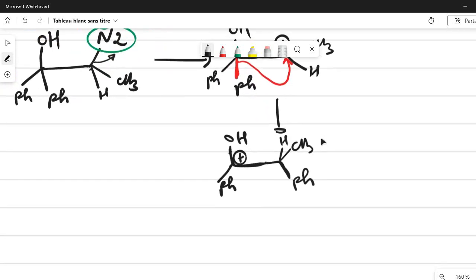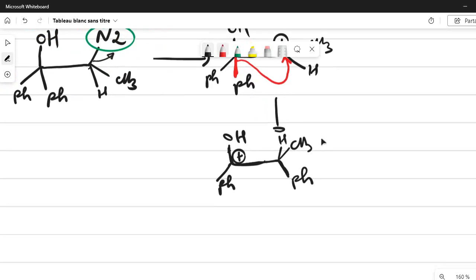Well, let me just zoom in. Now we have to introduce a water molecule as before. It is going to grab the hydrogen, and then we form an alkoxide.